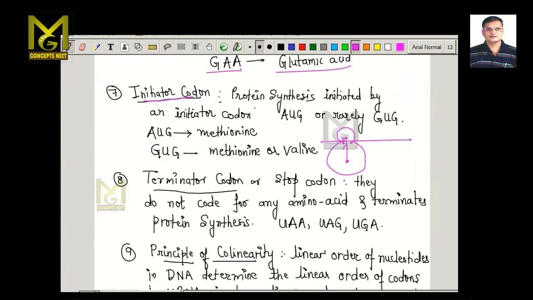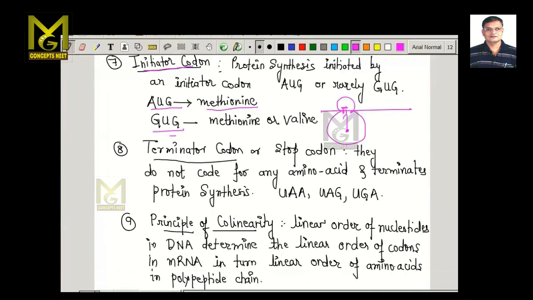Initiator means protein synthesis initiates with the help of this codon, and AUG always codes for methionine. In very rare cases, GUG also acts as an initiator codon.